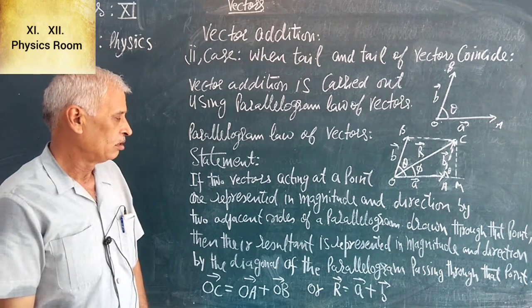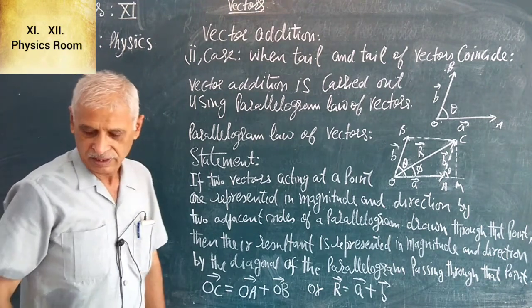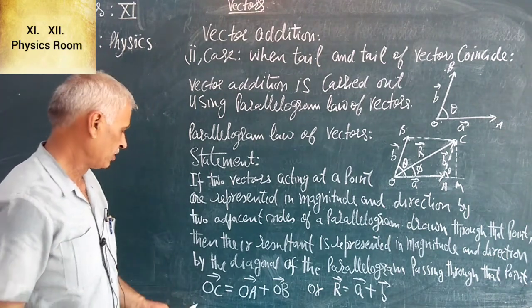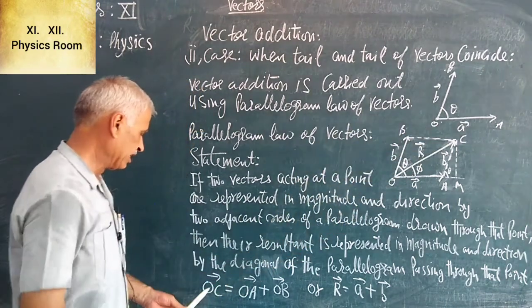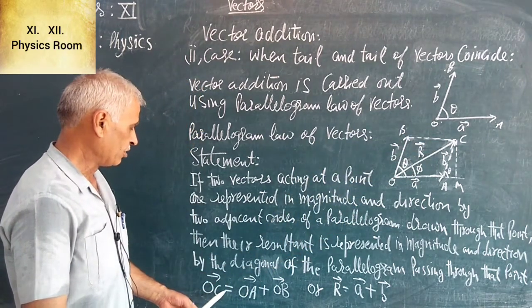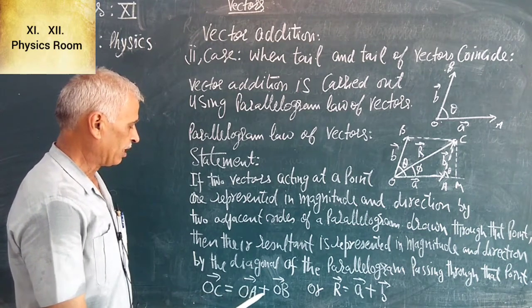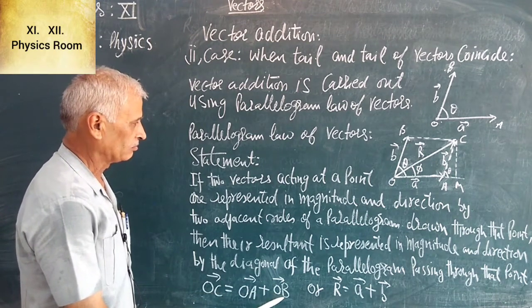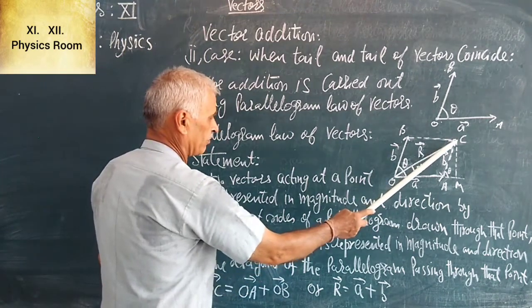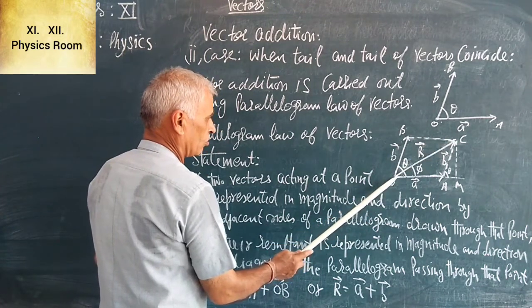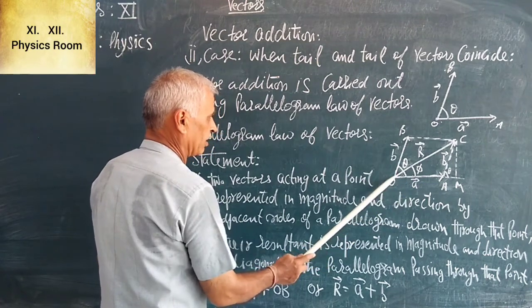Now, how do we add up these two? The resultant, vector OC, is equal to vector OA plus vector OB.